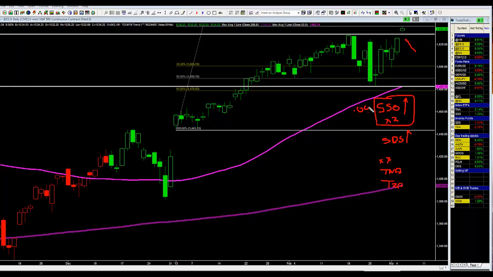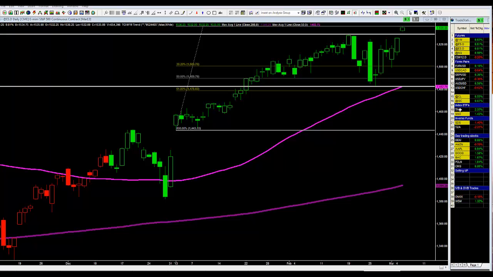For every one full point in the S&Ps, so from 1500 to 1501, the SSO would move about 8 cents. The SDS moves roughly 3 to 4 cents per S&P move point, rather. Does that make sense? So the SSO moves roughly 8 cents per 1 point move, and the SDS moves 3 to 4 cents per 1 E-Mini S&P move.